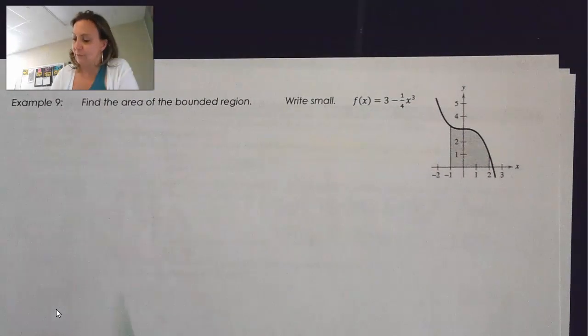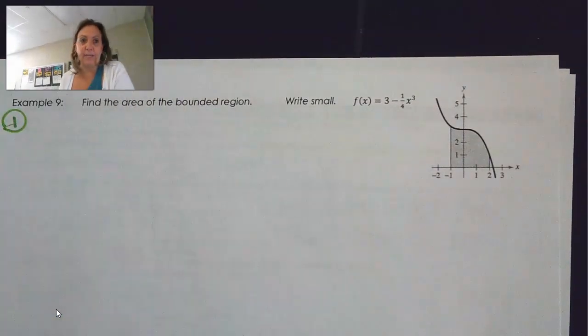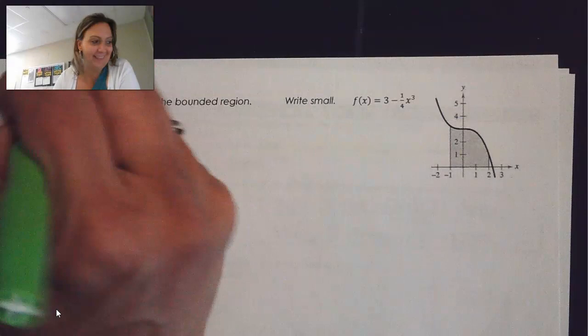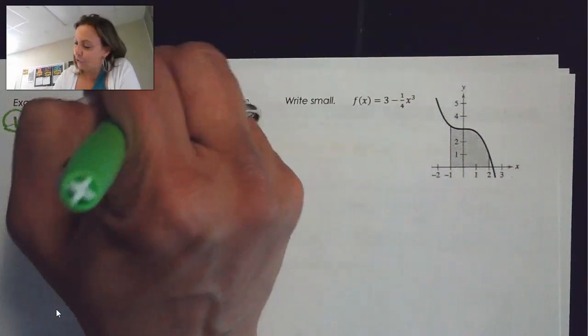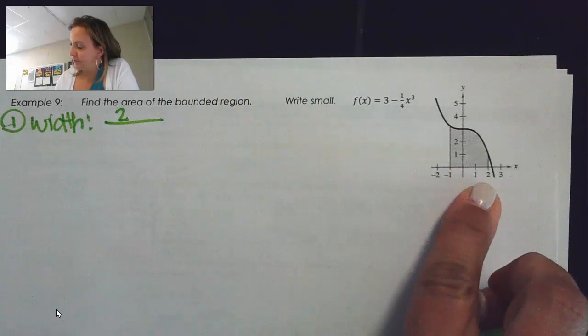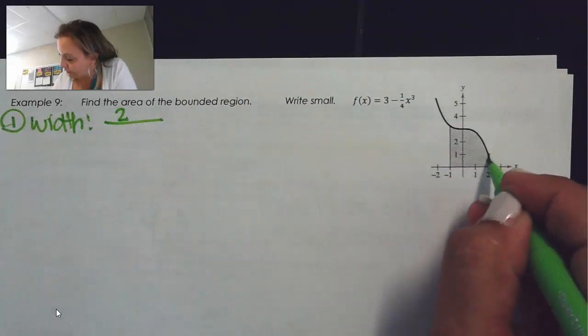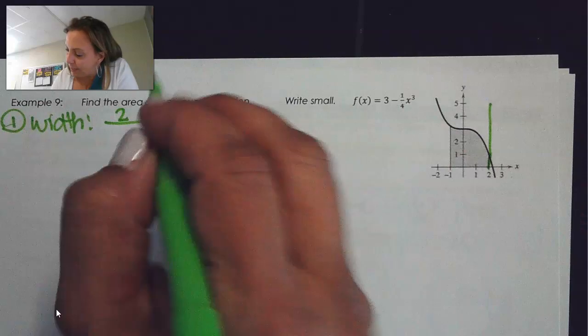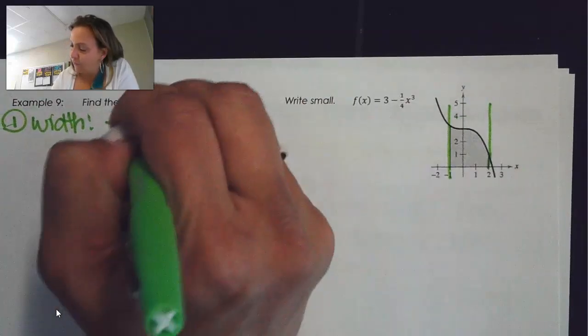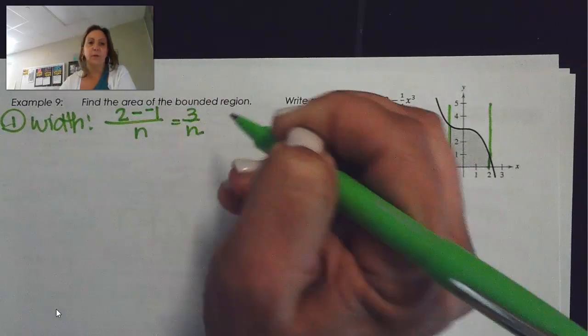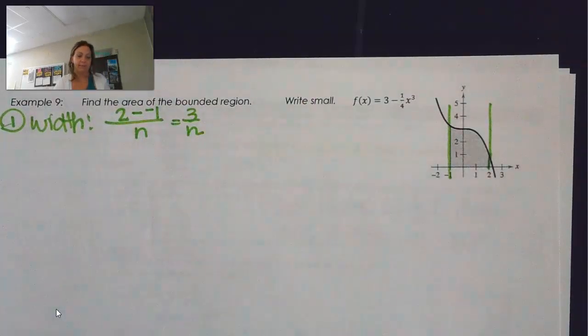Okay, so we'll start with our height, just kidding, with our width. And our width is 2, because that's where that vertical line is, minus -1, over n. So our width is going to be 3 over n.